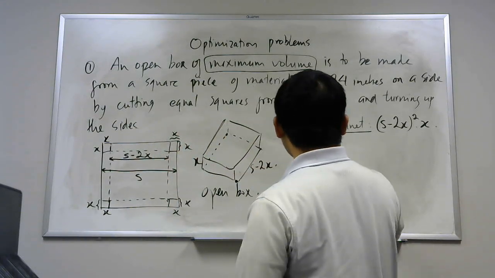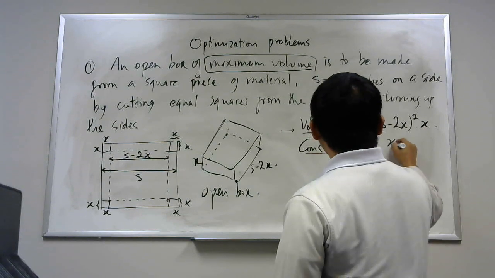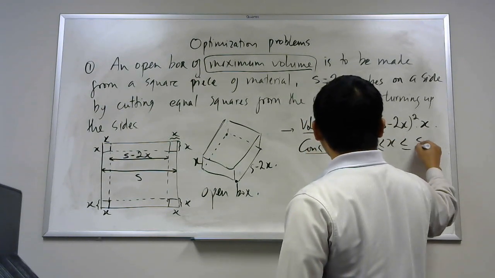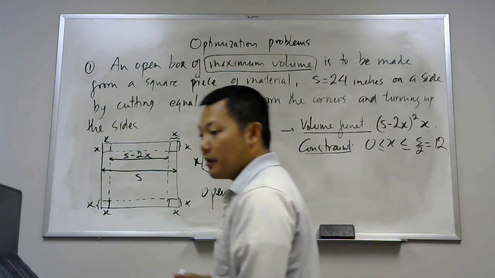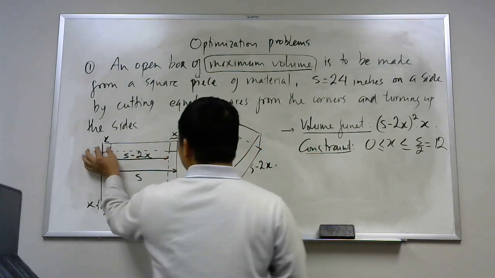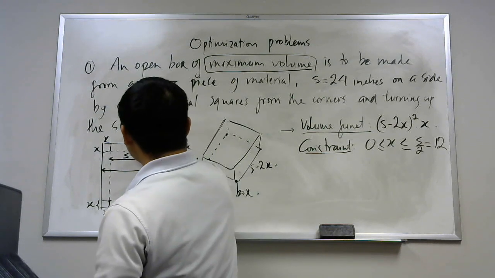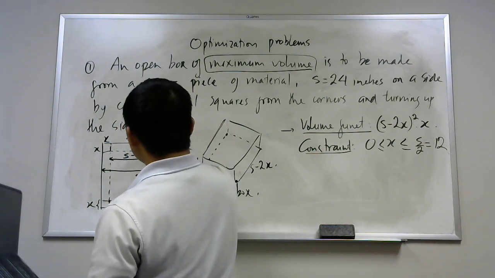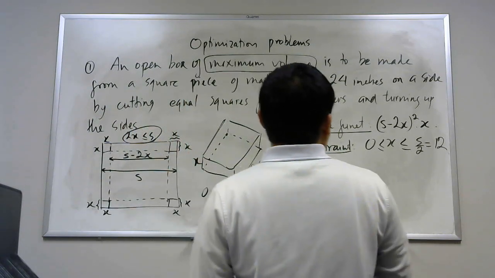So that is our constraint. x should be, of course, greater than or equal to 0, but less than or equal to s over 2, which is 12. Let me tell you one more time, why we have s over 2 in here? Because when you add x in here and this x together, you get 2x, and 2x should be less than or equal to s. So that's why we have x less than or equal to s over 2.